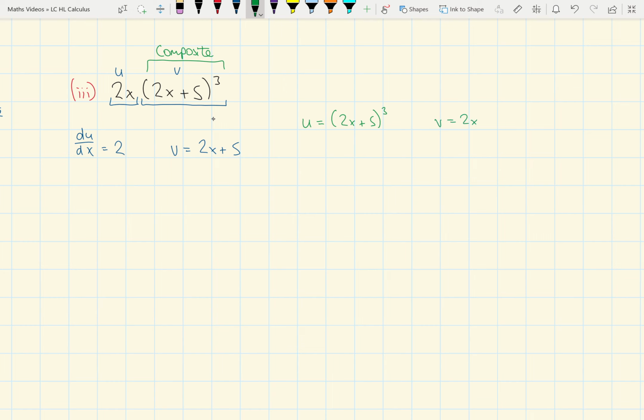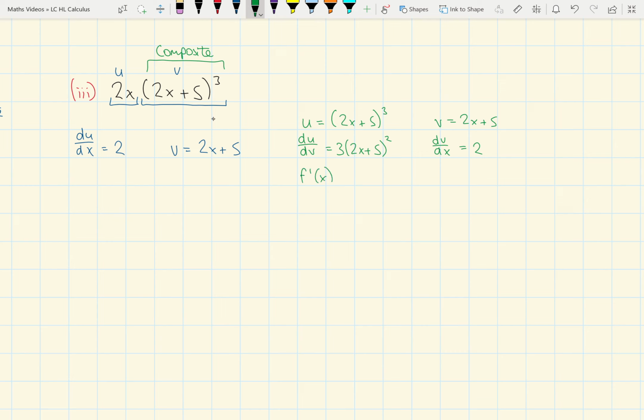My inside function is 2x plus 5. Differentiate our outside function and I'll get 3 bracket 2x plus 5 to the power of 2, and dv dx is equal to 2. And then going back to chain rule, we're going to multiply them by each other.